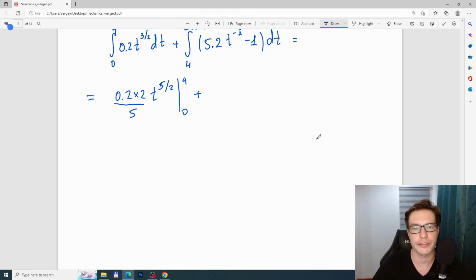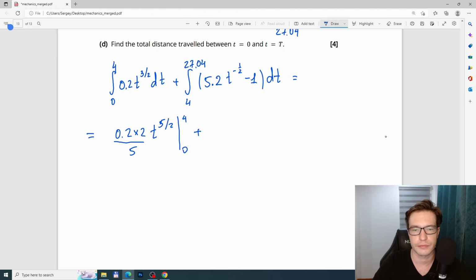Okay, plus the second integral. 5.2 t, add 1 to minus a half, and we'll get positive half. Dividing by 1 over 2 would be the same as multiplying by 2. Minus integral of 1 is going to be just t, and all of that from 4 to 27.04.